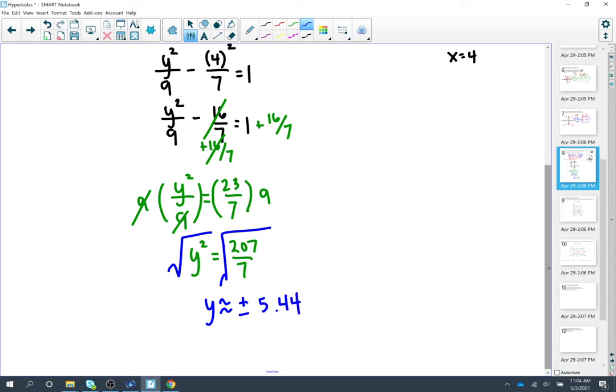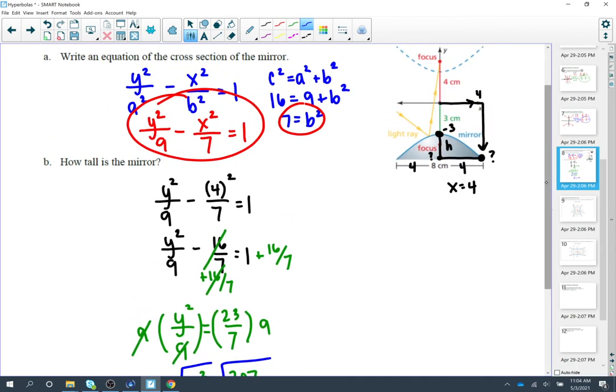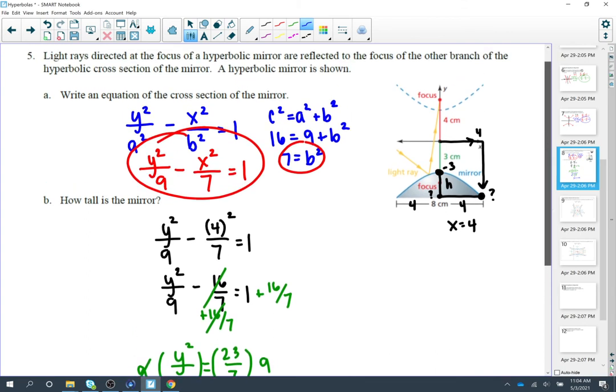Now, what that's telling us is that we could go either 5.44 up or 5.44 down. But because we're on the bottom, I'm going to choose that this point down here is at -5.44. But that's not the whole height of the mirror, because remember, we just want in between here, and that's already at -3.